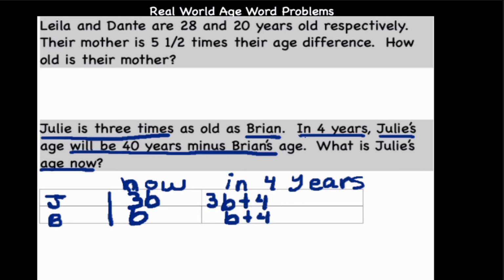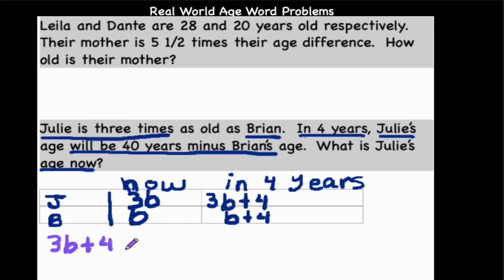Okay, so now we need to find out Julie's age now, but what we need to do is work with the 2 expressions in the second table right here. So what we're going to do is take 3b plus 4, rewrite it here. Let me use a different color. So we have 3b plus 4.